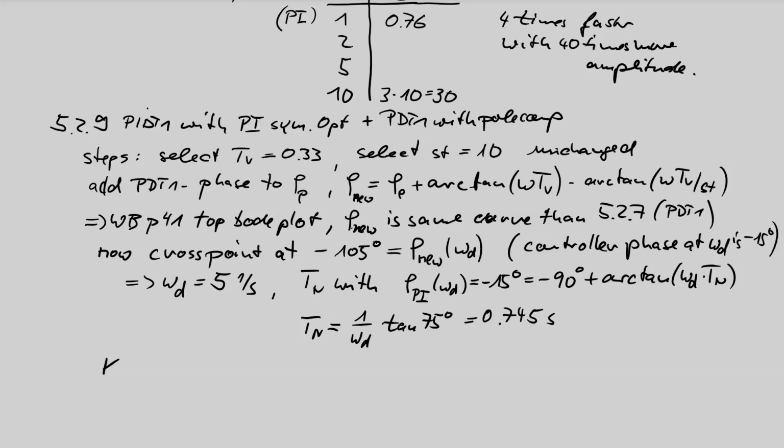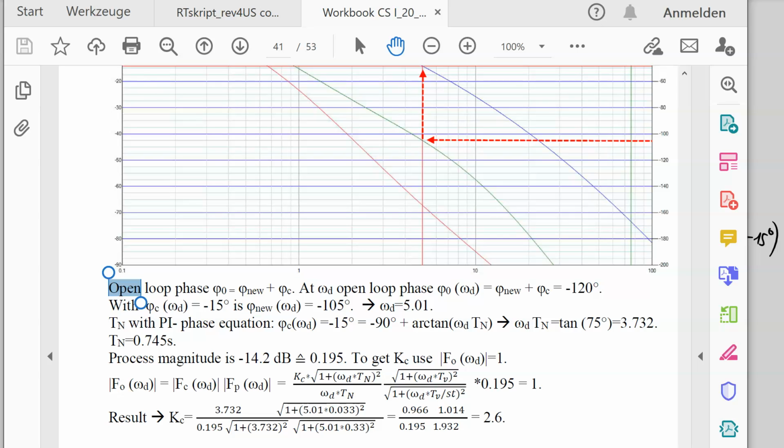So Kc in brackets with negative 14 dB process magnitude at omega d gives, and the resulting value in the workbook is 2.6.